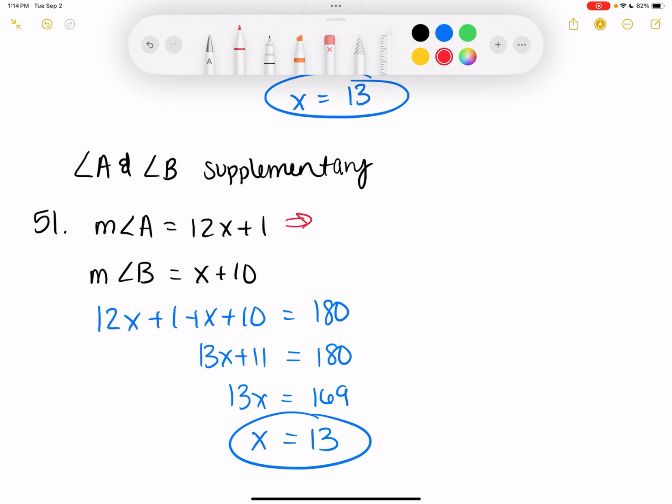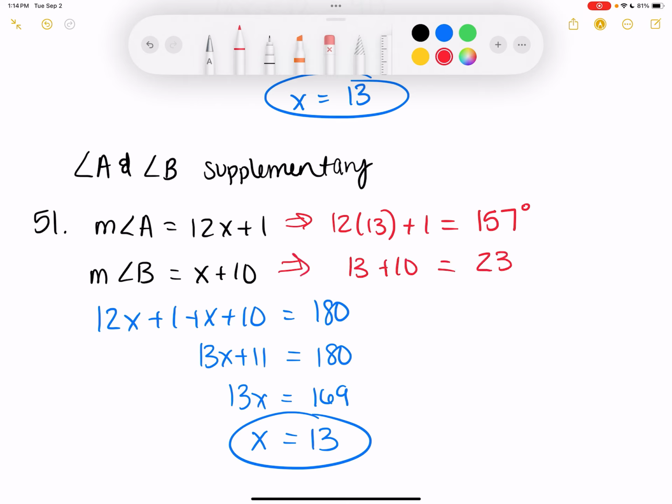So 12 times 13 plus 1 is 12 times 13, 144 plus 12, 156, so plus 1, 157. Yep, with the plus 1. And then over here, same thing, plug it in, 13 plus 10, nice and easy, 23.